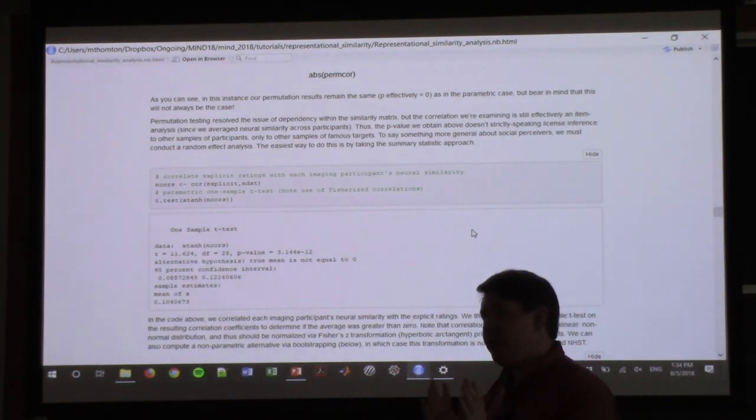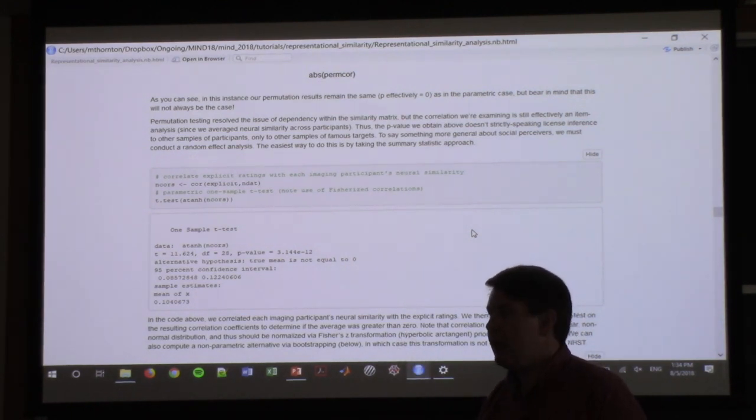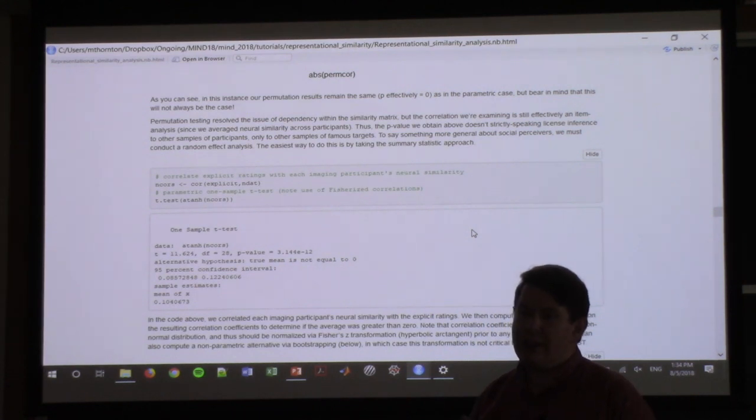If you average across all the participants first and then do the former analysis that I showed you with the permutation of the similarity matrix, that's effectively equivalent to an item analysis in the common lingo. That then generalizes to the level of different famous people in this case, but not to different samples of participants necessarily.